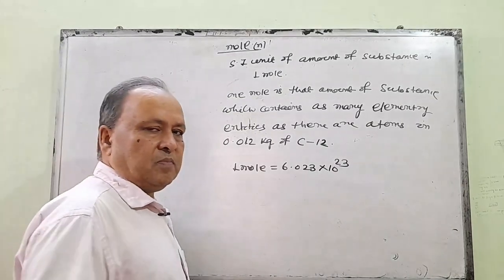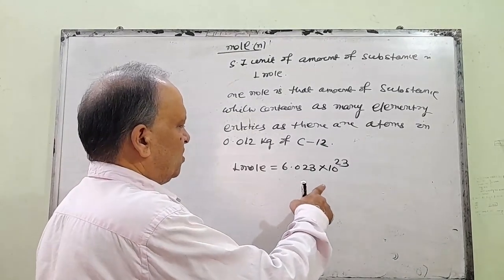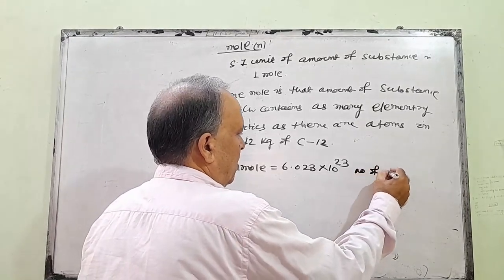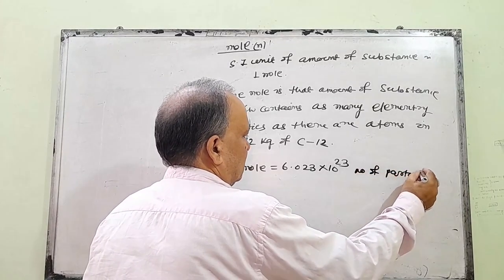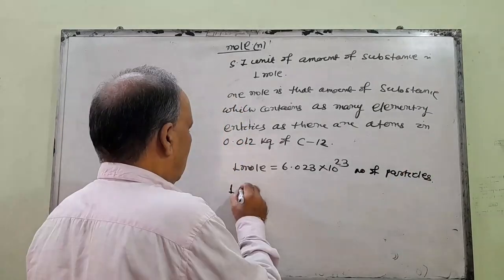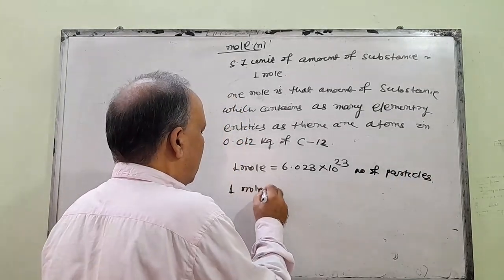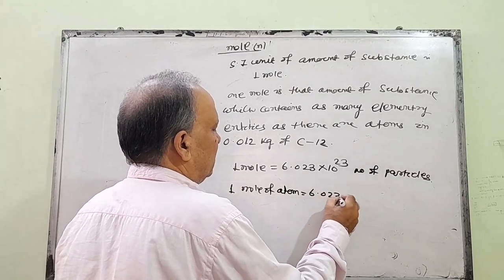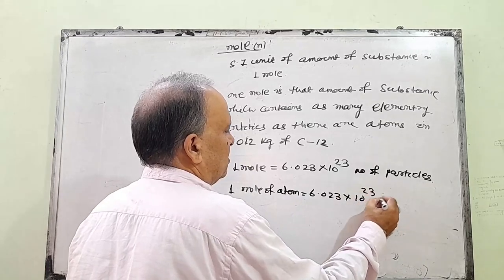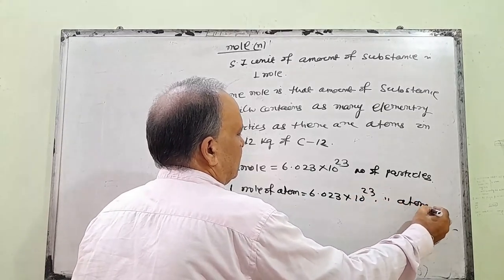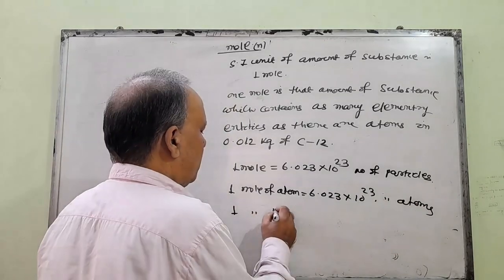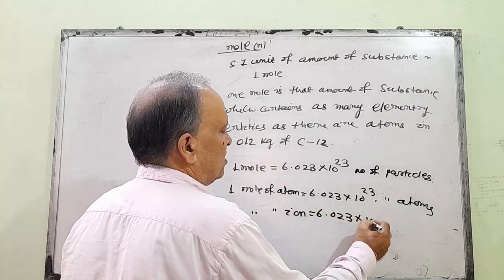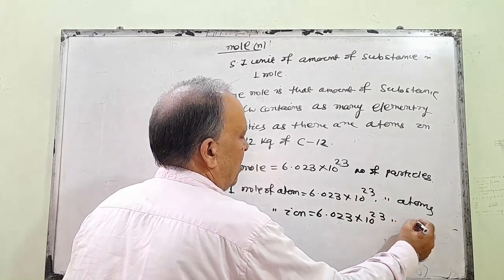So 1 mole is equal to 6.023 into 10 to the power 23 number of particles. Suppose you say 1 mole of atoms, that means 6.023 into 10 to the power 23 number of atoms. 1 mole of ions is equal to 6.023 into 10 to the power 23 number of ions.